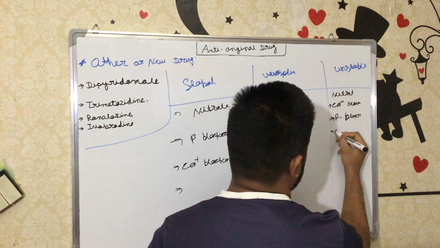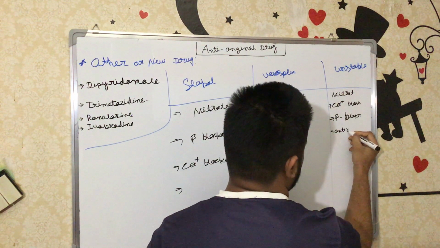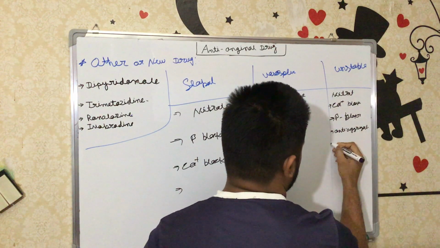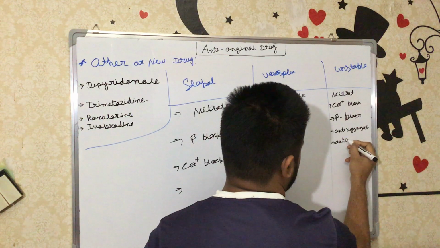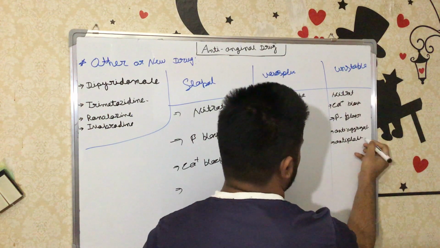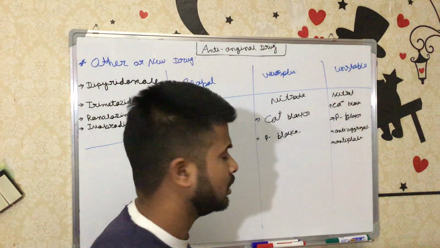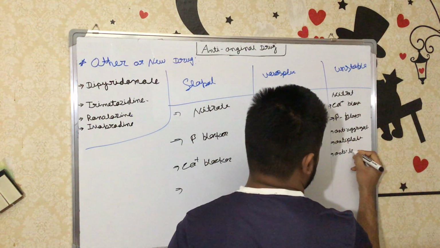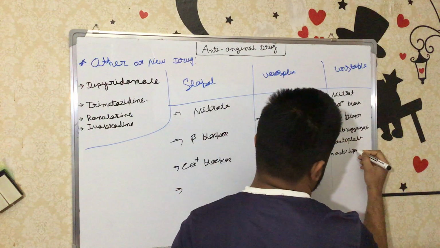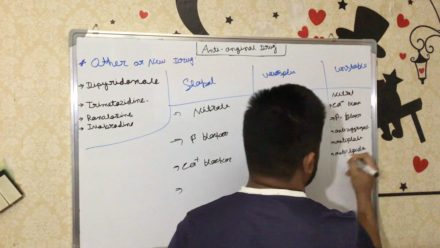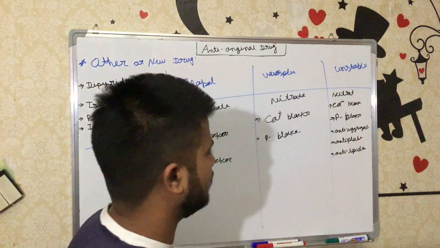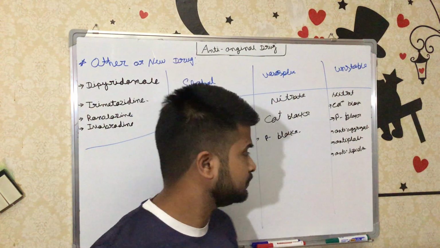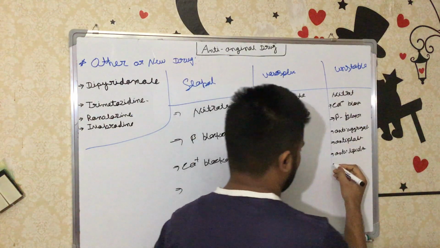Then anti-aggregatory, anti-platelet drugs, for example aspirin and some other drugs. Then antilipidemic drugs, which maintain the lipid metabolism in the body, for example statin and some other drugs. Then it also requires oxygen.